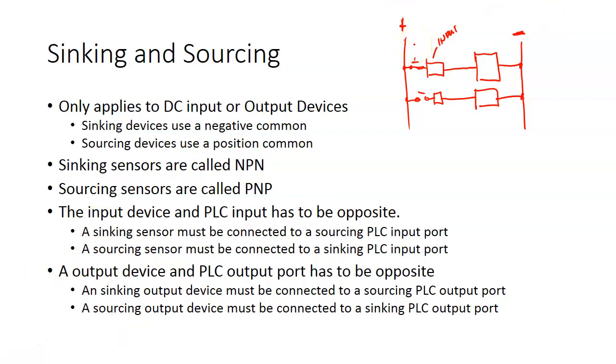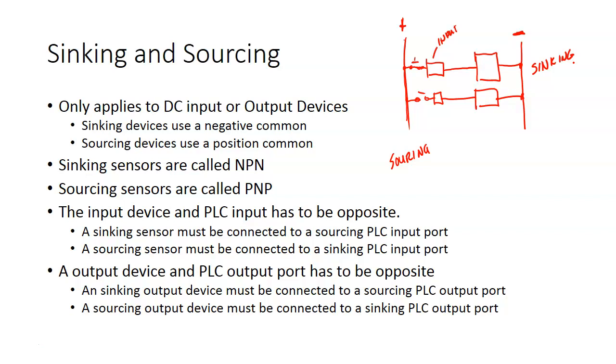If it uses a positive common, we call this sourcing in PLCs, and a negative common we refer to as syncing. Now in digital, you'll learn how it got those names, by the way, because of the way the outputs of a digital gate work.